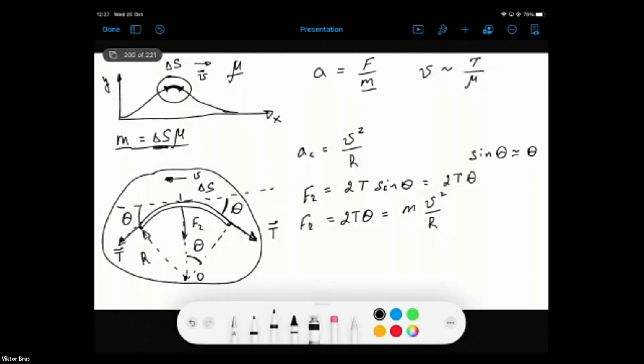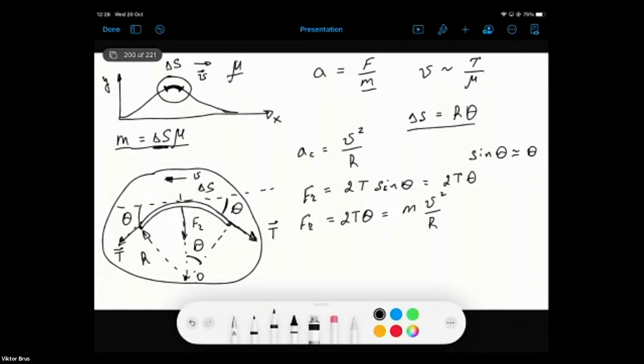We know radius, and if we know radius and angle theta in radians, then the length of the arc is theta divided by 360 and multiplied by 2 pi r. No? That is equal to radius times theta. So it's the definition of angle in radians.